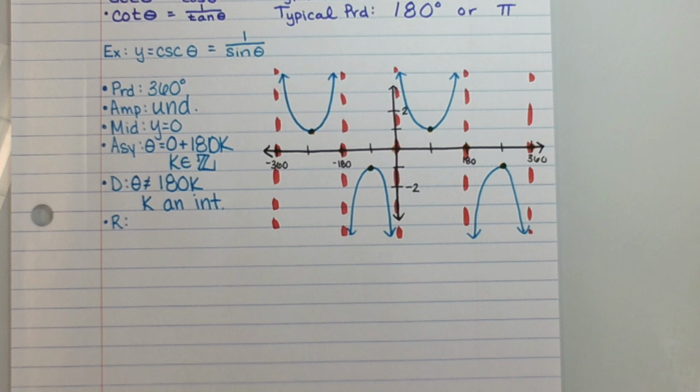So my range, I have 2 distinct parts of it. I have the parts that have their relative minimums and go up, and I have the parts that have their relative maximums and go downwards. I have to write 2 different inequalities because of the graph having 2 different distinct pieces in what the range does upwards and downwards.